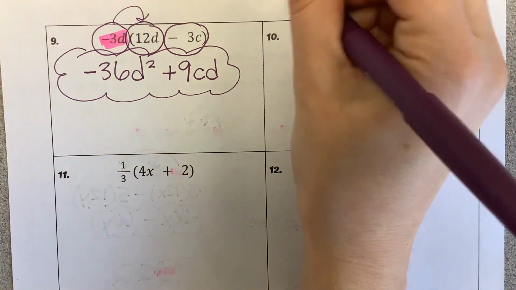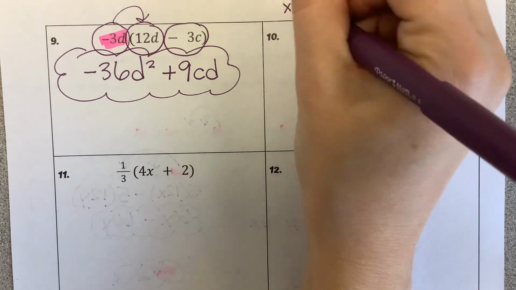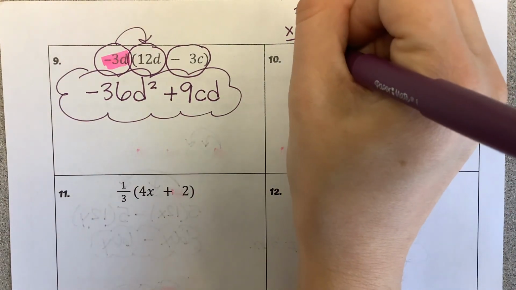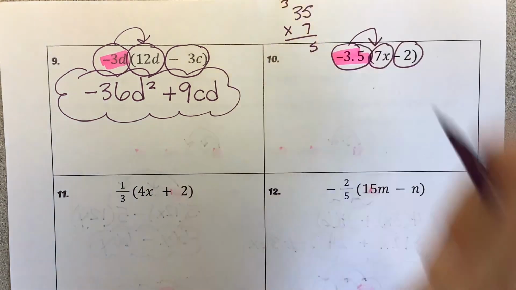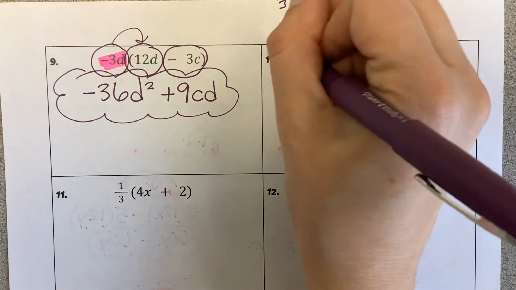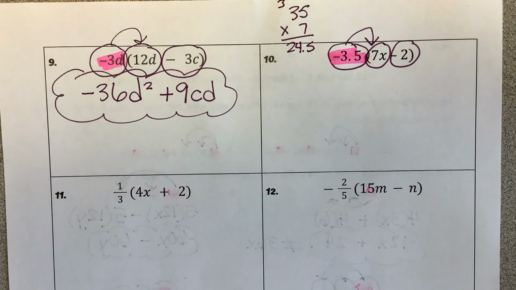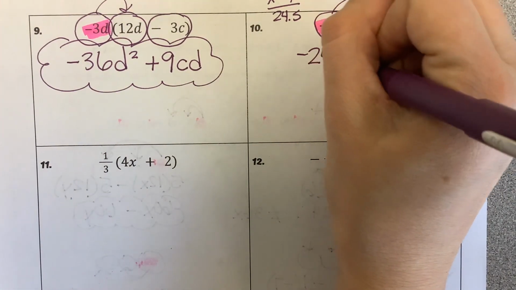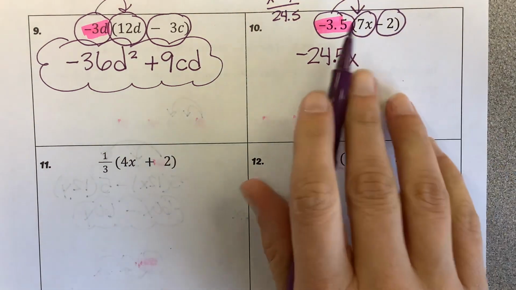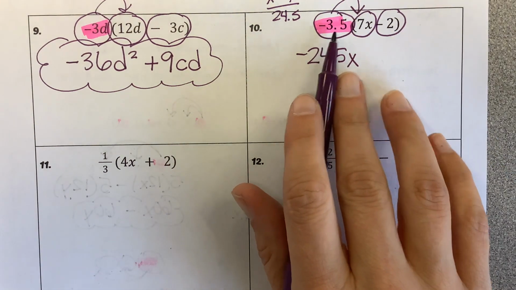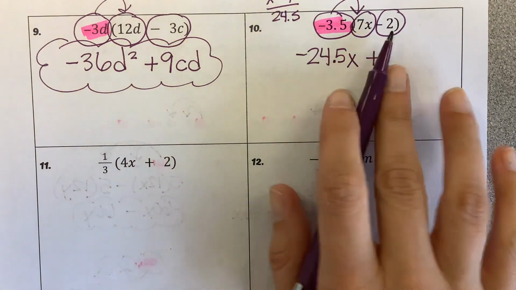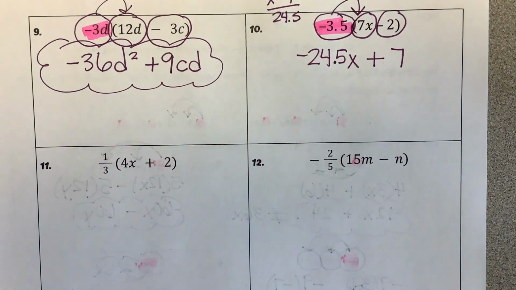Well, if you need to do the multiplication, you can. 5 times 7 is 35. 7 times 3 is 21, plus 3 is 24. So 24.5, and it's negative. And negative 3.5 times negative 2. Well, negative times negative is a positive. 3.5 times 2 is 7.